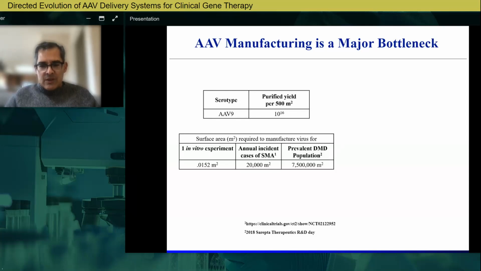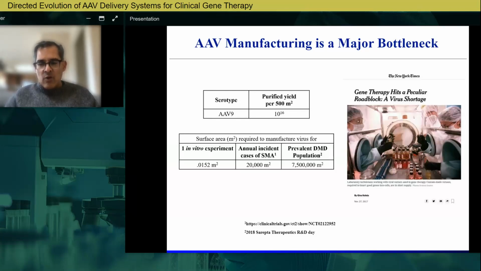And this was actually noticed a number of years ago in the New York Times, which wrote an article indicating that viral manufacturing was actually becoming a roadblock within the field. So we began to propose the idea that just like natural versions of AAV weren't really engineered by nature to be therapeutics, we wanted to improve upon those natural versions and make much more efficient targeted AAVs.